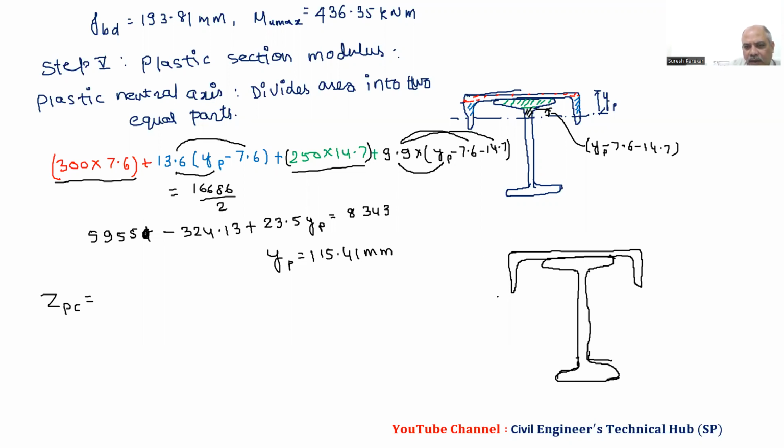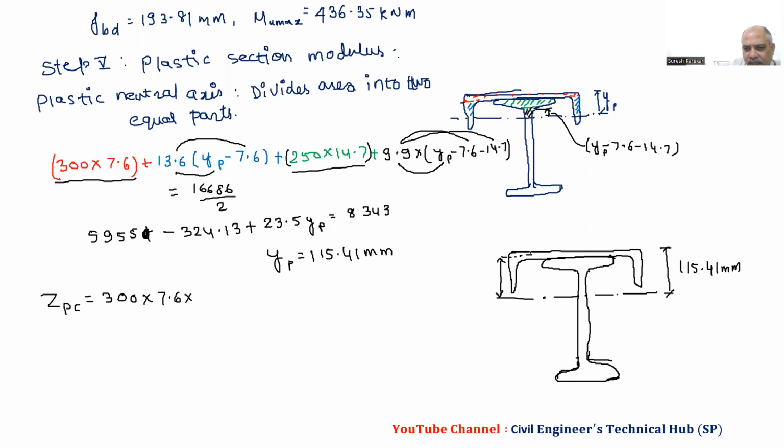So now this will be the beam, and then we will go. Now we have YP below this because we have depth of flange as 90. So we have this value now, 115.41. Now we will start with the first, the channel: 300 into 7.6 into, now we have to measure from the center, so this distance.